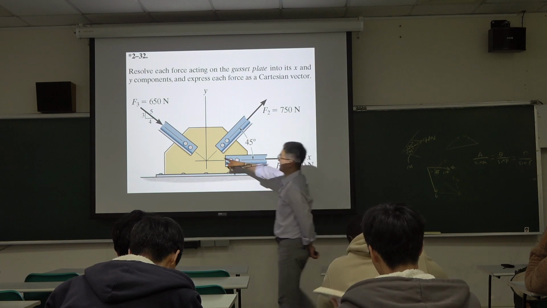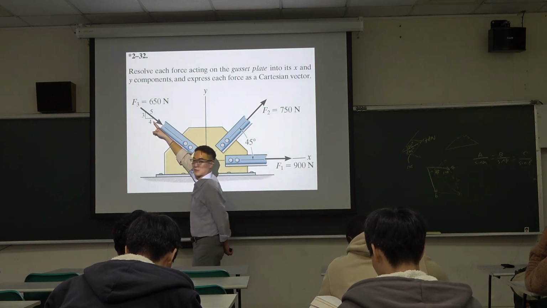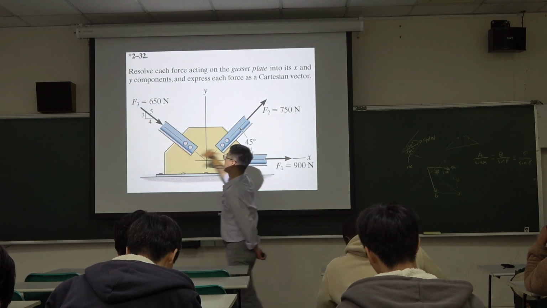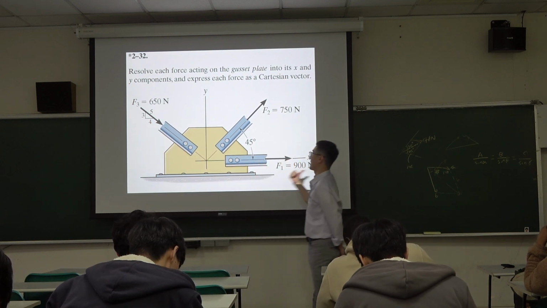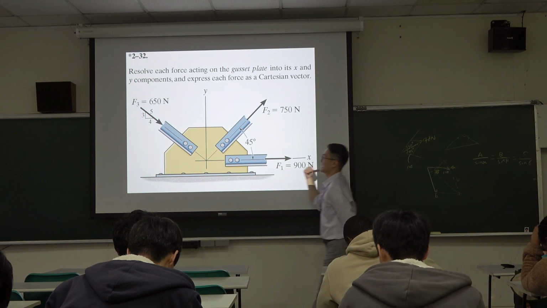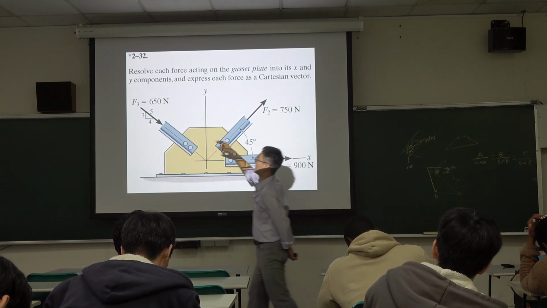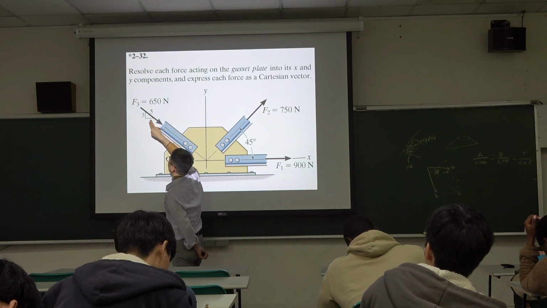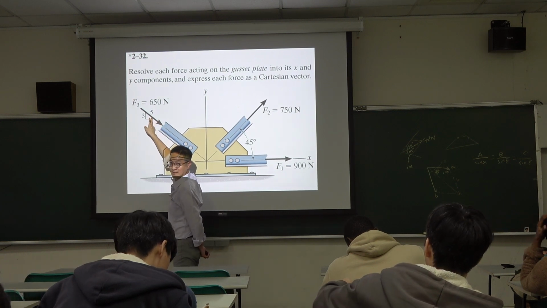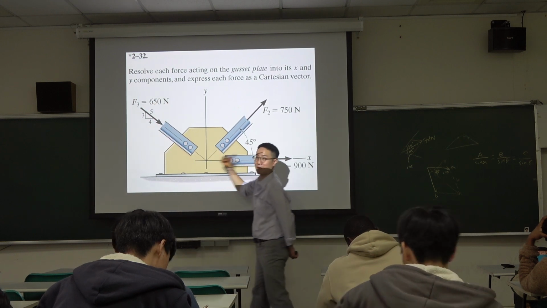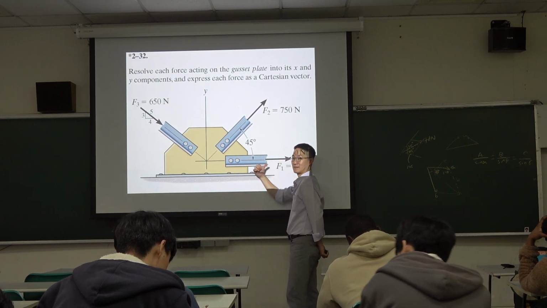Okay, then for F3, follow the ratio 3 to 4. So the x direction is positive. 4 divided by 5 is 0.8, so 0.8 times this value is the x component, positive.